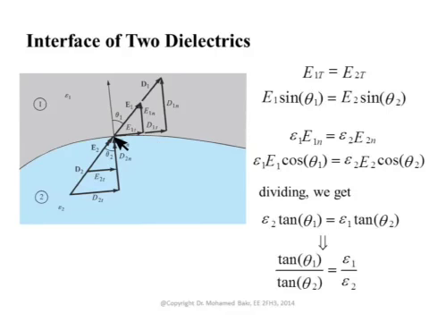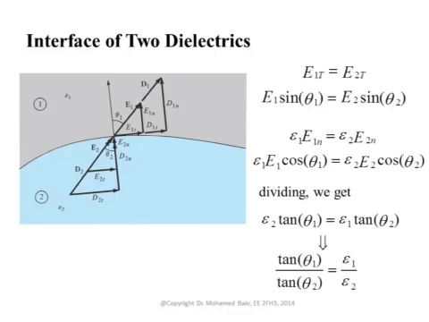Let's start first with the normal component. The normal component will be E1 cosine theta 1, from the definition of theta 1, while the tangential component of E1 is E1 sine theta 1. By knowing these tangential and normal components, we can obtain the expression for the ratio between theta 1 and theta 2.